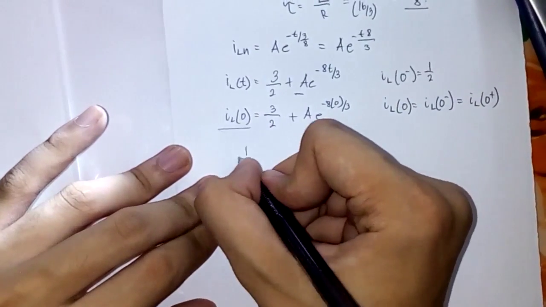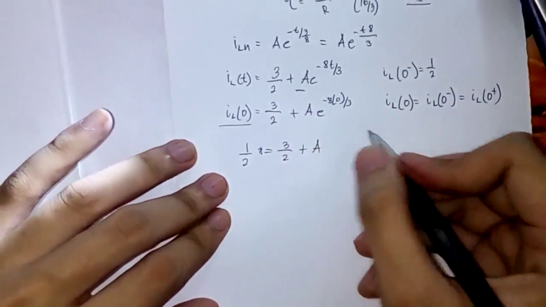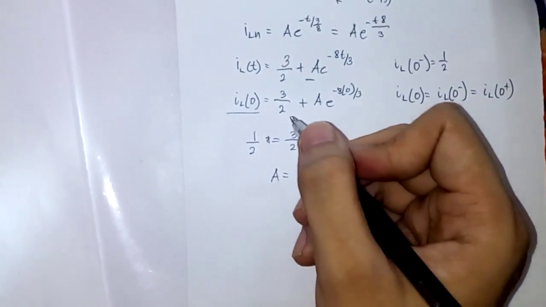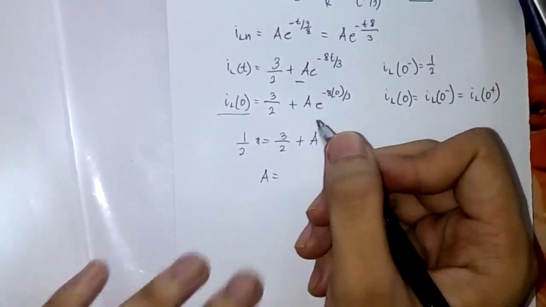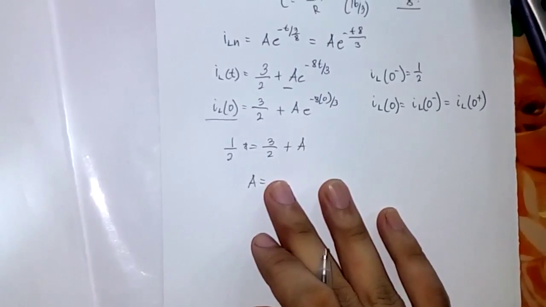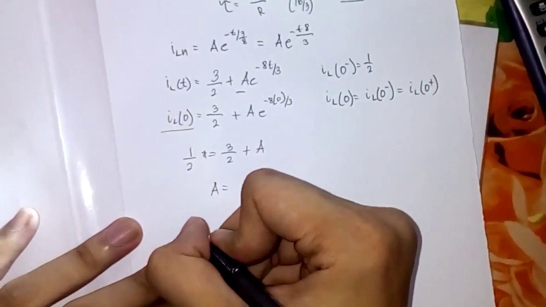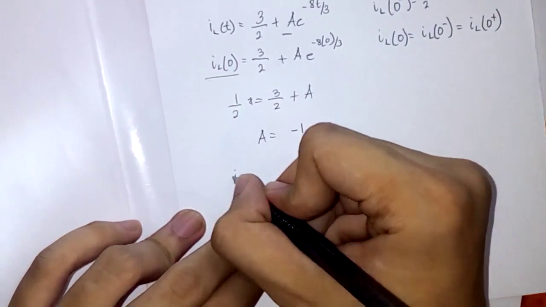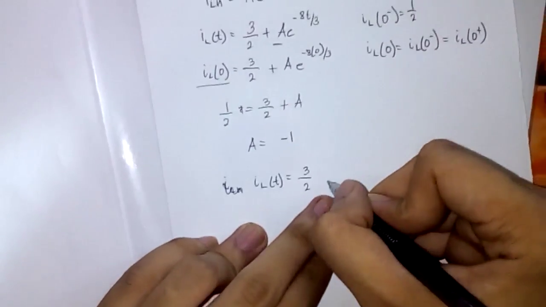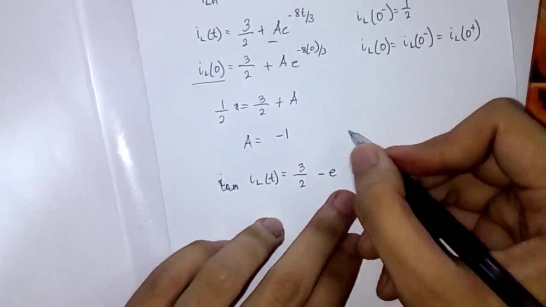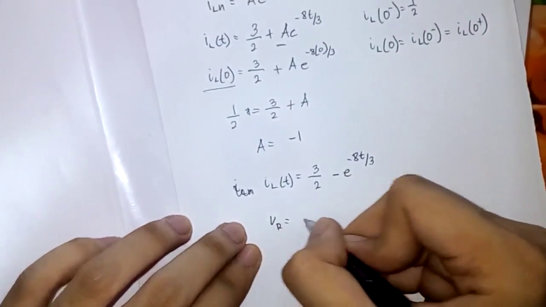So 1/2 equals 3/2 plus A, so A equals negative 1. So our IL of t would be equal to 3/2 minus e to the negative 8t over 3.